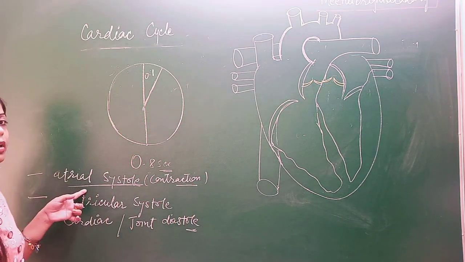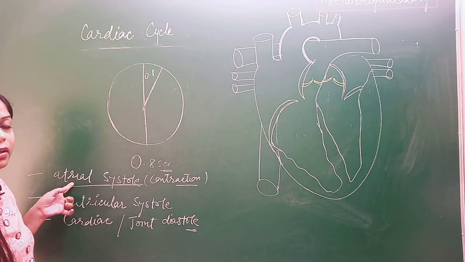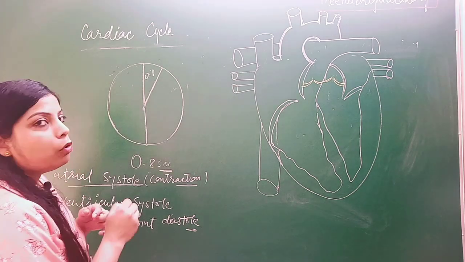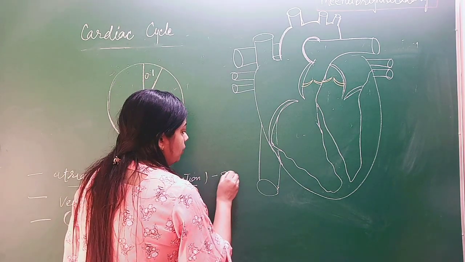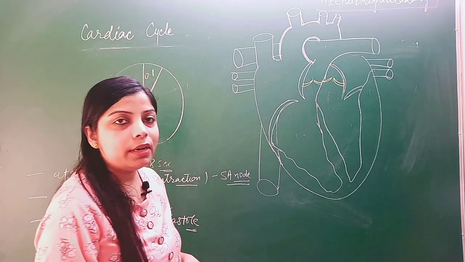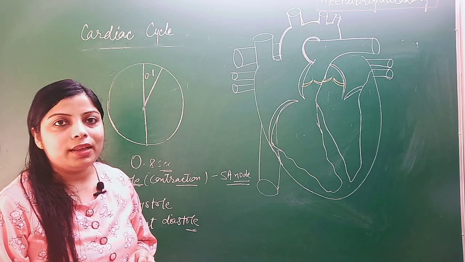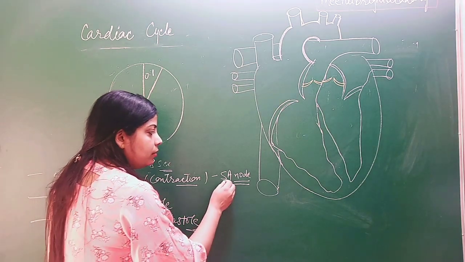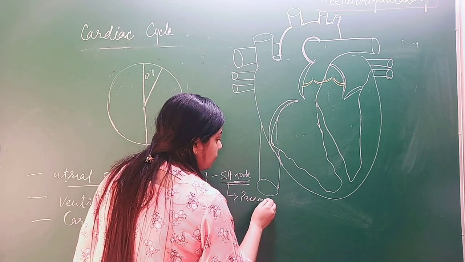In this event, both the atria contract due to the contraction wave stimulated by the SA node. This SA node generates an impulse which causes contraction of both the atria, and this SA node is also known as the pacemaker.